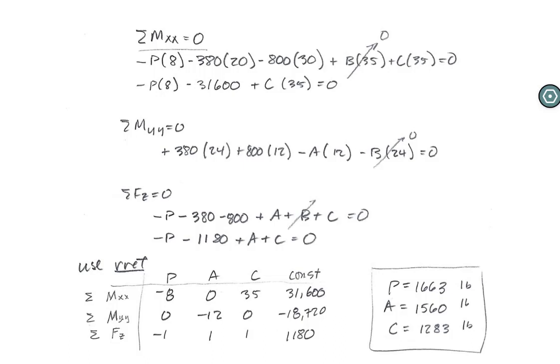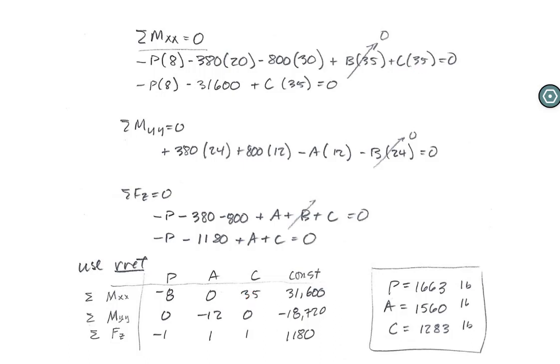where I will say the sum of the forces in the x direction is my first equation, looking at P, and then my 3 unknowns, P, A, and C, have to be equal to a constant. If I look at P, I have a minus 8 as my coefficient. There is no A, so that's equal to 0. And C over here has a positive 35 as the coefficient.